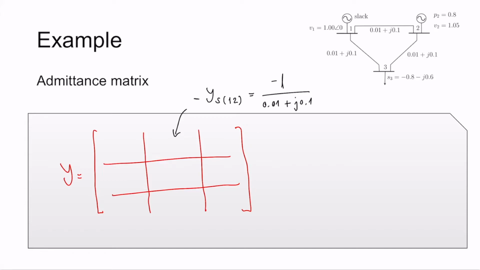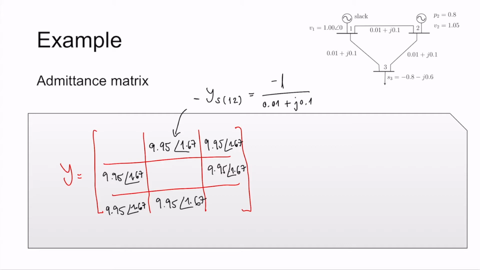So if you do that, you have 9.95 and there is an angle related with this complex number, 1.67. You see the symmetry of this system, so I have the same value for here, in here, in here, and in here.